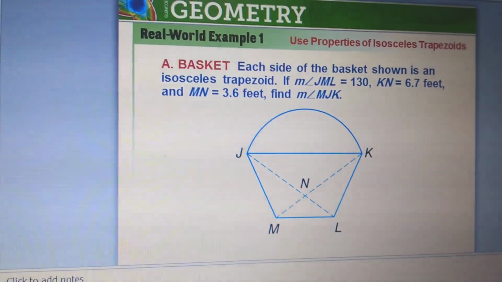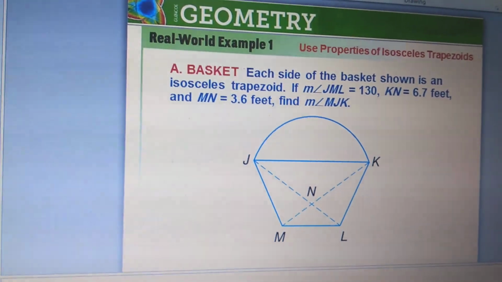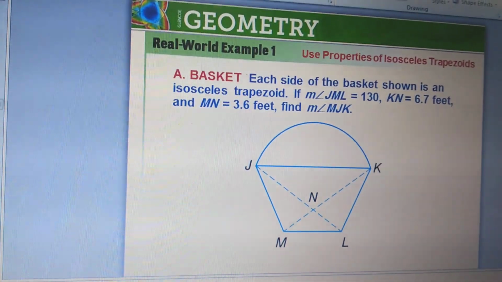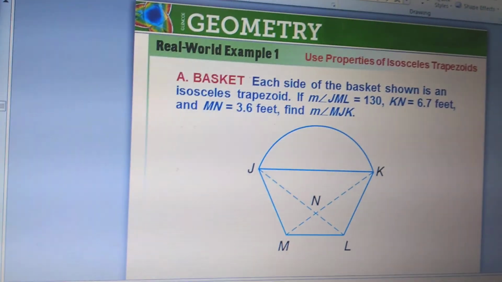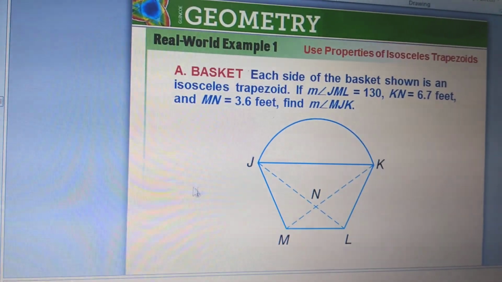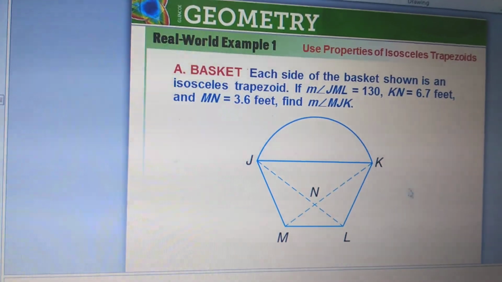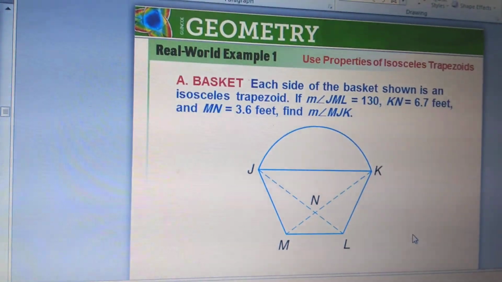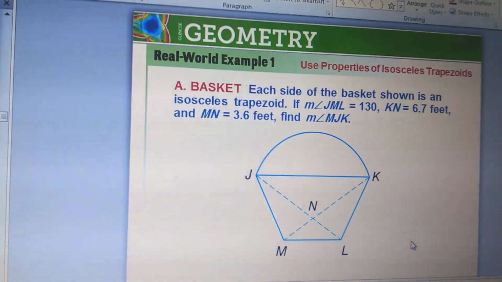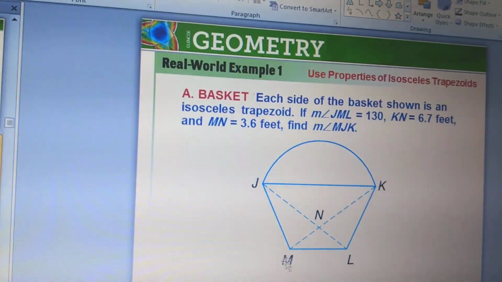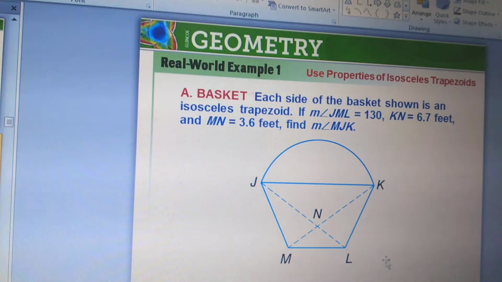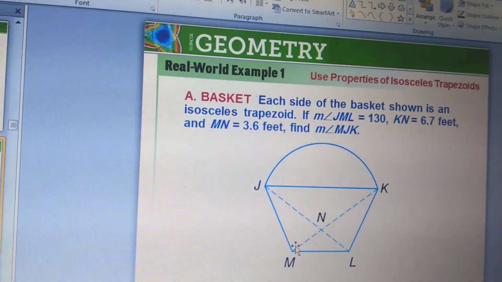Here we have an example. Basket. Each side of the basket shown is an isosceles trapezoid. Now the given information. The measurement of angle JML, this angle, equals 130 degrees.